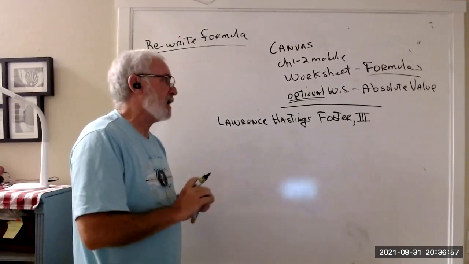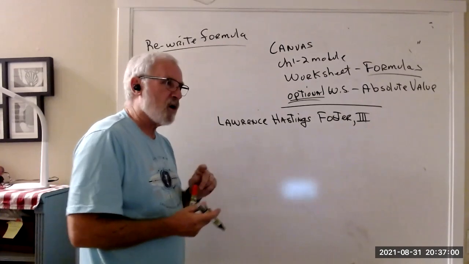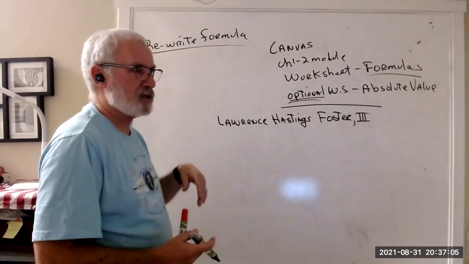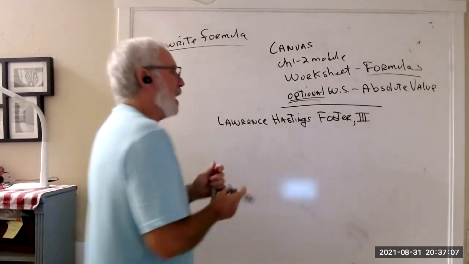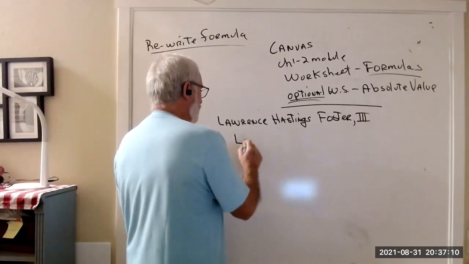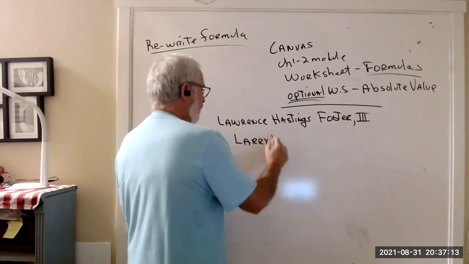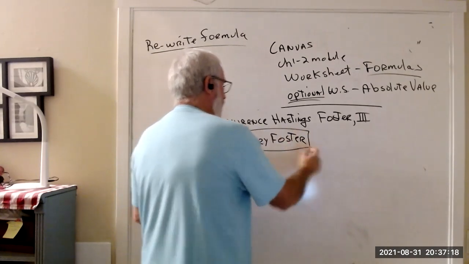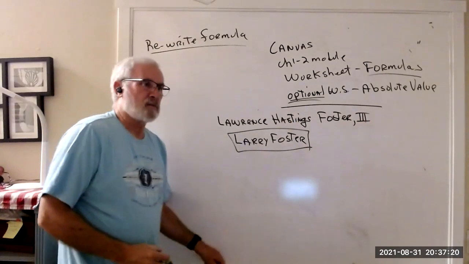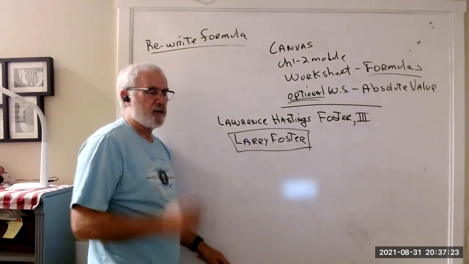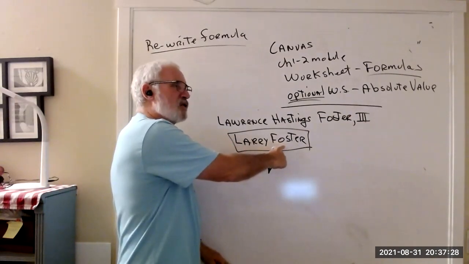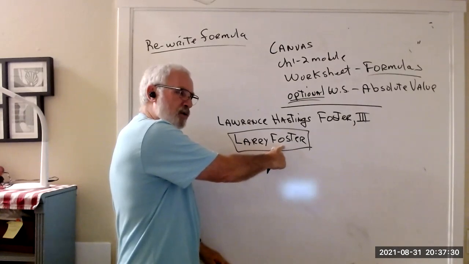But if I type that in one time wrong, the computer, my grading program, is going to throw you out and say you don't exist. So I would far rather write this, Larry Foster, than all of that garbage. By the way, I'm not a Lawrence and I'm not the third, so whatever. But that's an easier name for me to type into the computer in order to get my grades back out.